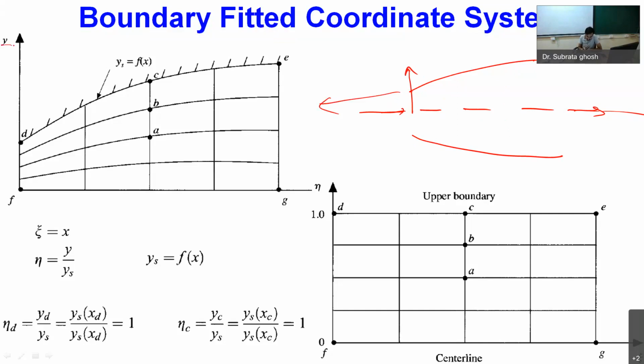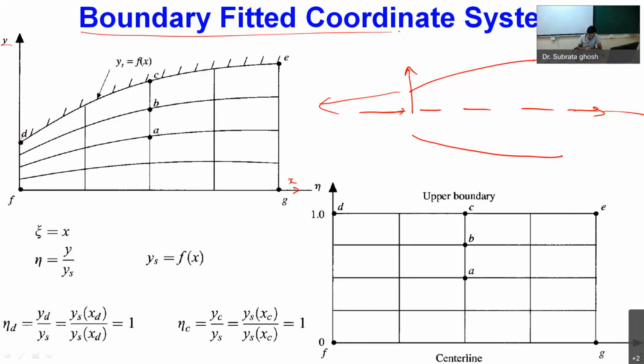So this is my y, this is the x direction. In this xy system, I have plotted this particular solid boundary. This is the solid boundary, and this is inside our flow domain. Now in this flow domain, in order to perfectly capture the boundary of the body, we have considered a boundary fitted coordinate system.